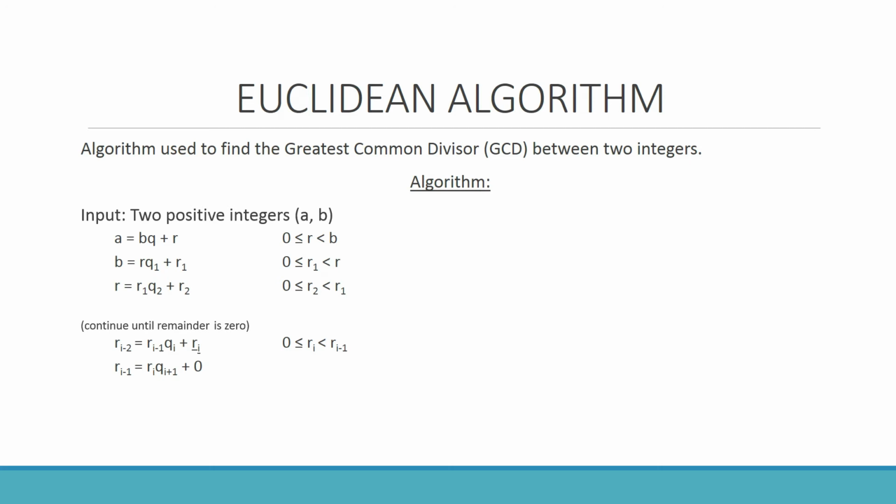This notation gets a little ugly when we write it out, but the point is that you can just continuously repeat this process until the remainder is 0. Once we do that, the last non-zero remainder is the GCD. Since R sub i was the last non-zero remainder, the GCD of A and B is equal to R sub i.